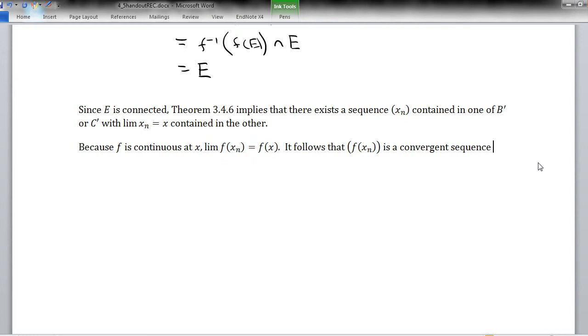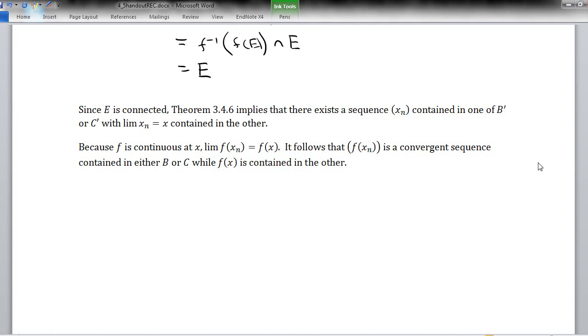And since the sequence x sub n was contained in one of B prime or C prime, we know that when we apply f to it, the resulting sequence is contained in either B or C, while the limit f of x, well, that was contained in the other one. x was, so f of x is contained in the other of B or C. All right.